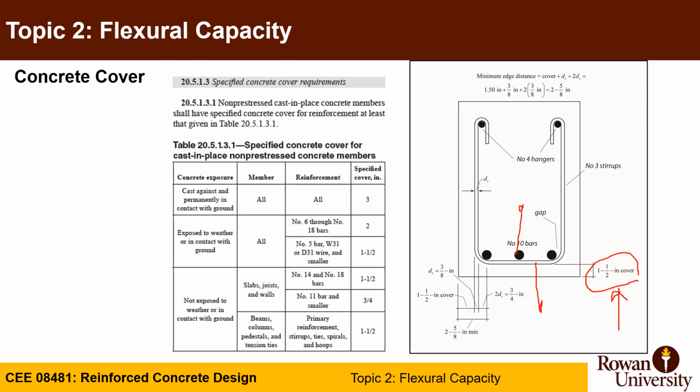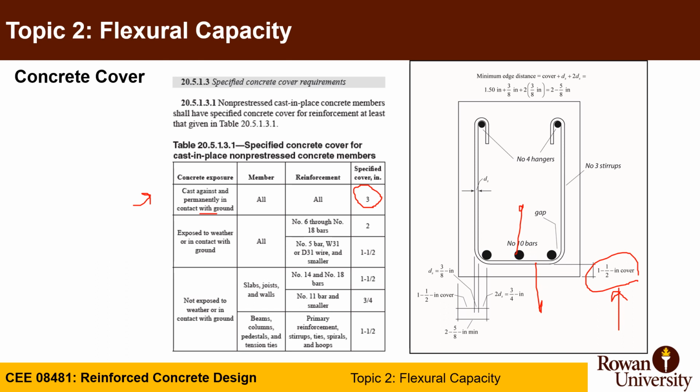If you consult ACI table 20.5.1.3-1, this table provides you with the minimum concrete cover for different cases. If you have concrete cast against and in permanent contact with ground, which means you may be exposed to water, the concrete cover has to be at least 3 inches.